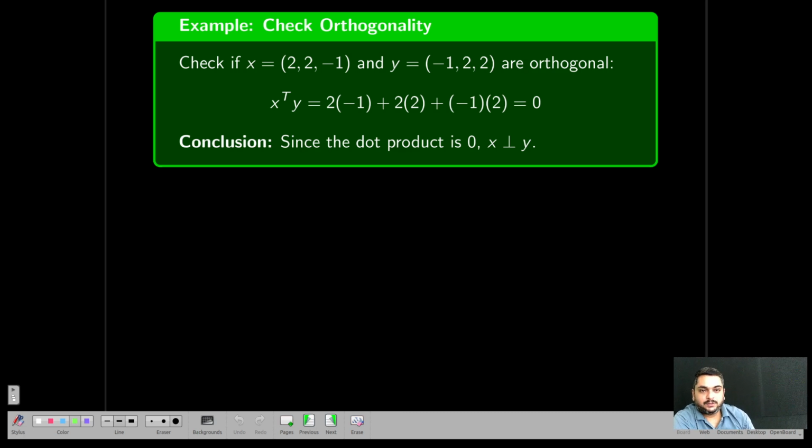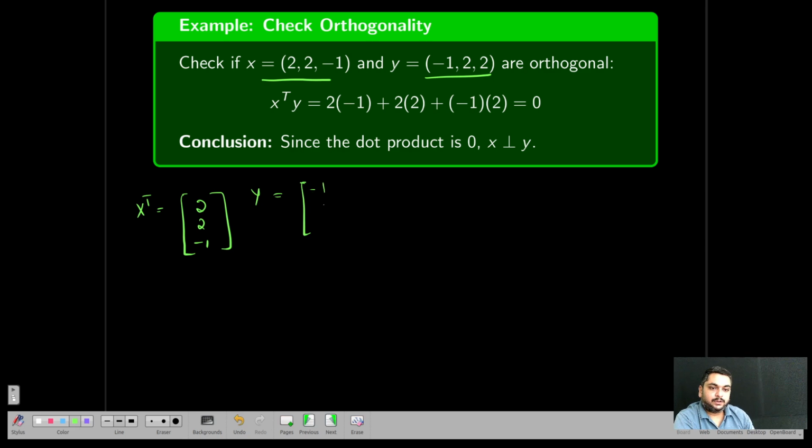How will you check? Given these two vectors x and y, check whether they are orthogonal. You take x transpose, which is 2, 2, minus 1. Then my y is minus 1, 2, 2.